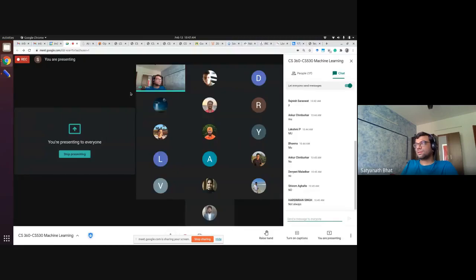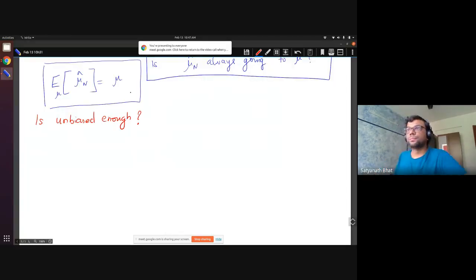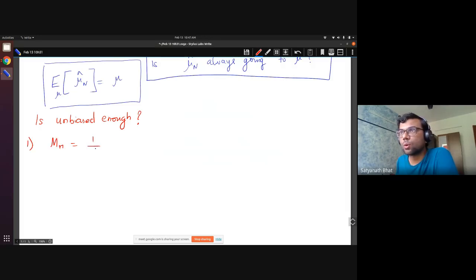Okay, so let's look at some example. We have seen one estimator: Mn, equal to 1 over capital N summation xi, i equal to 1 to n, and we saw expected value of Mn is equal to mu. The second thing we can do: there are n data points given to you, but I will not use all of them.